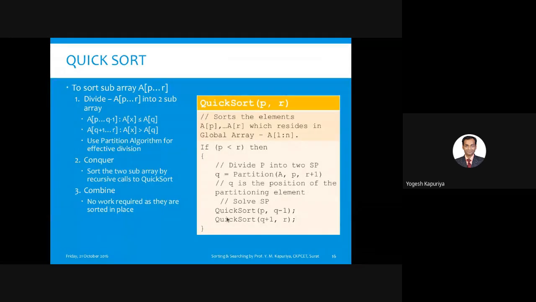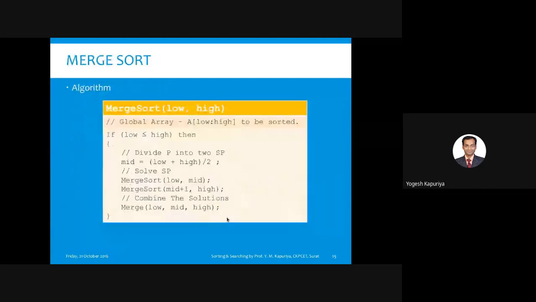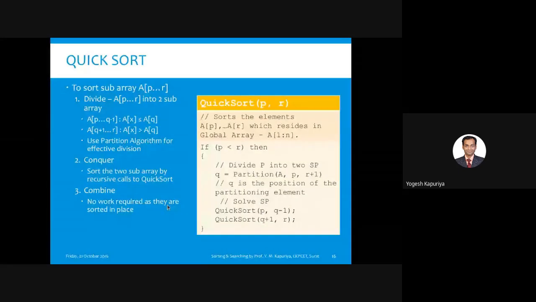If you observe the merge sort, we have three steps. First is division, then conquer. So here we are dividing, then conquer means you are solving the sub problems, and then combine. Combine means you are merging the results of these two parts together. Whereas in this case, you don't have a combine step, you only have this divide and conquer.